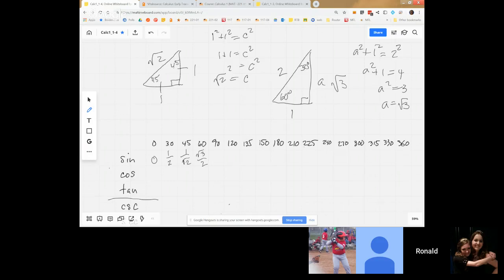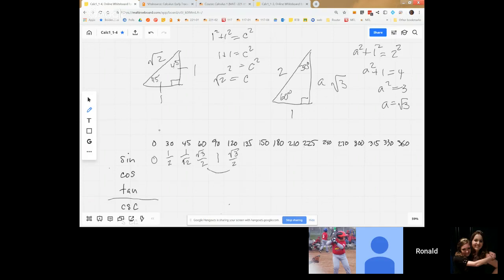90, now we're back on the behavior chart. We're at full height: 1. 120, now it's going down, but we're still going to be positive. For 120, you always want to use your nearest x-axis angle as your reference. 180 minus 120 is 60. So the sine of 120 should be the same as the sine of 60.